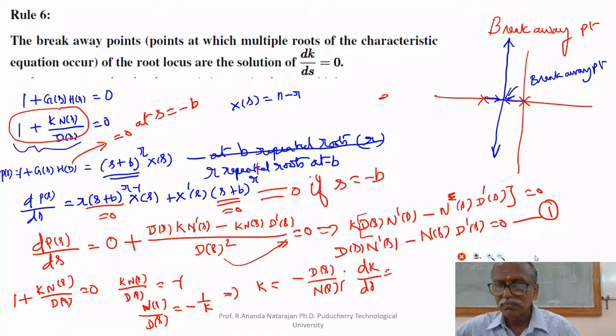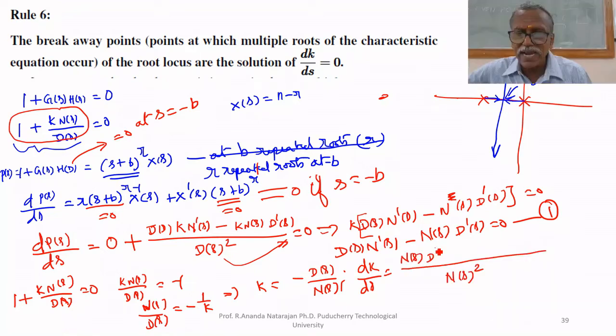K can be found. Therefore, what is dk by ds? dk by ds equal to n of s square, n of s d dash of s, d dash of s is in the numerator, minus d of s n dash of s. One minus sign is there. That is equal to 0.